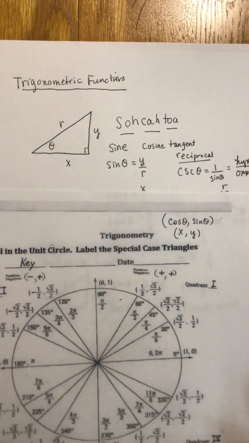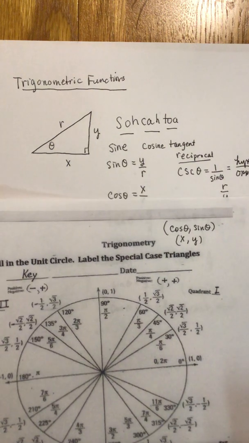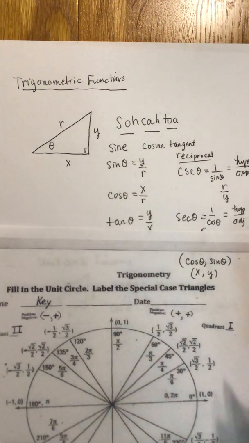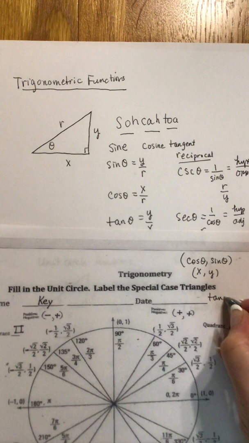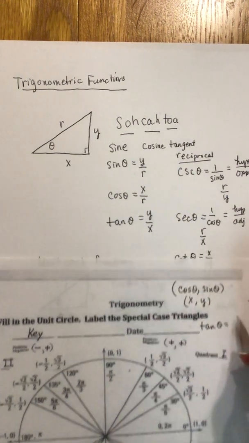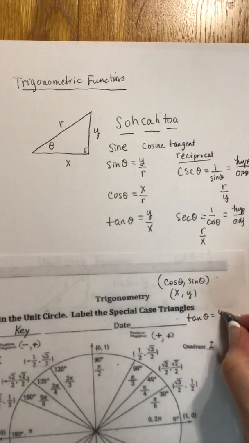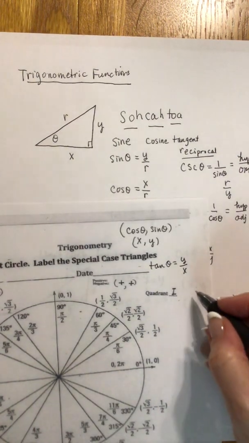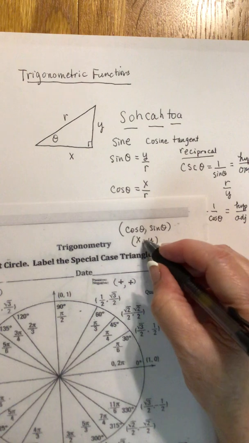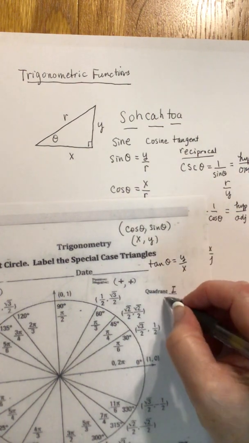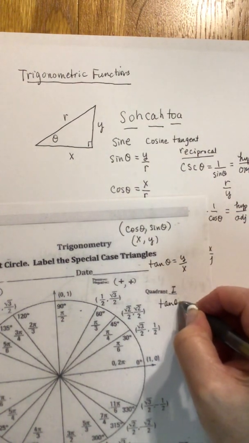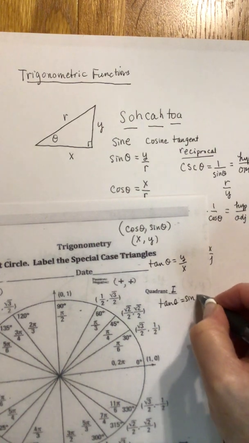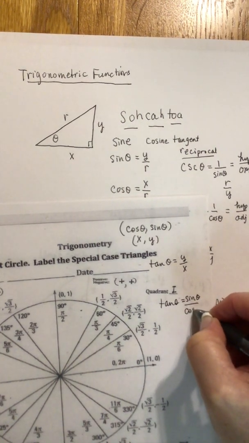So now that we know that the x is the cosine and the y is the sine, we also know the tangent theta is y over x. But what is y over x? Well, if sine is the y and cosine is the x, then tangent is also, let me write it down here, sine theta over cosine theta.